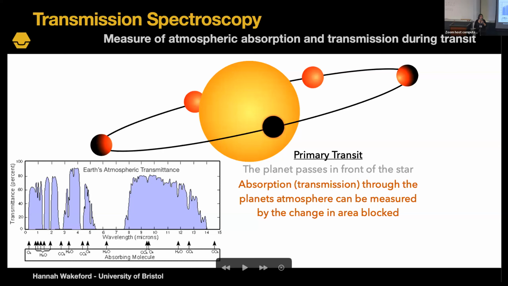So we measure the absorption of the different molecules in the atmosphere by the light, the absence of the light that they are blocking. And you can see we've got an example of Earth's atmospheric transmittance. This gives evidence for water in the Earth's atmosphere by the absence of light being transmitted down through these distinct bands. So we're looking at that blocked amount of light.